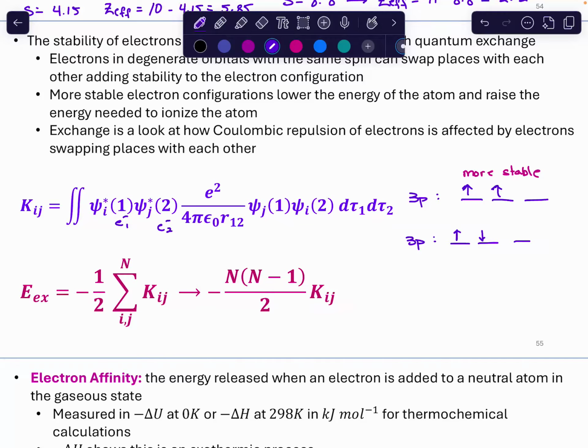And your operator in the middle of this is going to be your Coulombic potential. So your integral here would look like this, for the most part.